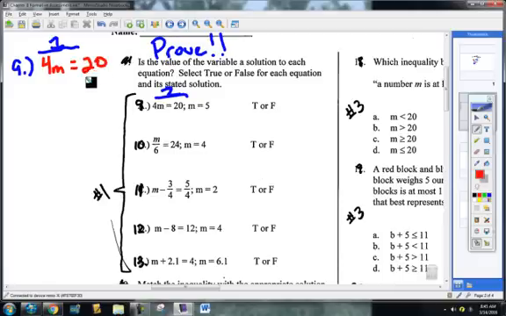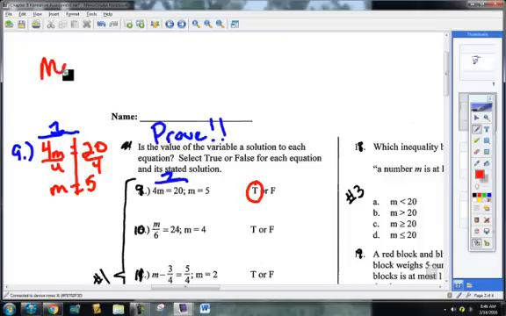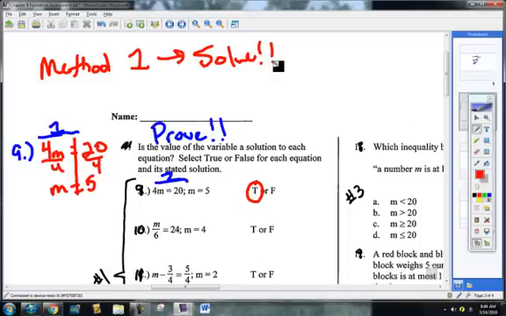And I'm going to say what is happening to the variable. It's being multiplied by 4, so I'm going to divide by 4. Divide by 4, I'm going to learn that m equals 5. So right there, I just proved it true. That's method 1, which is just to solve it like you normally would solve any equation. Got me?